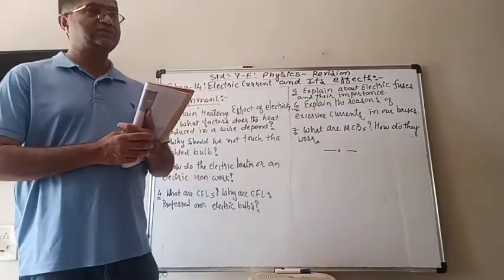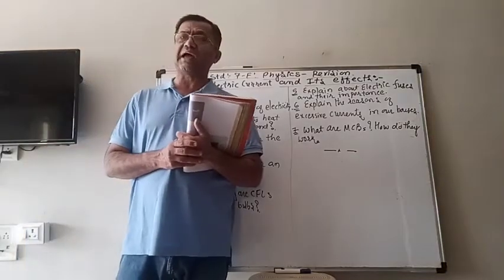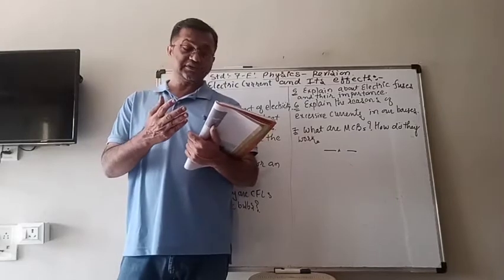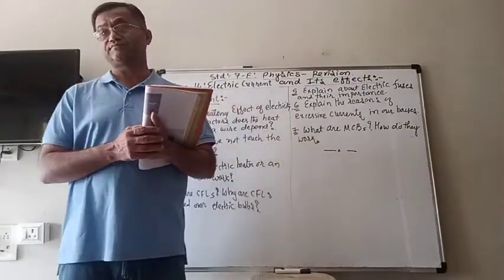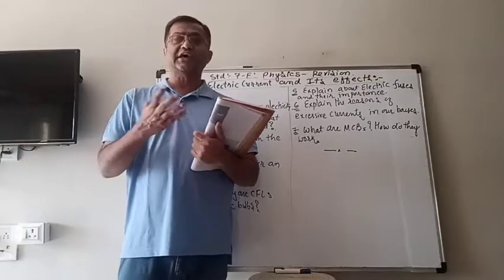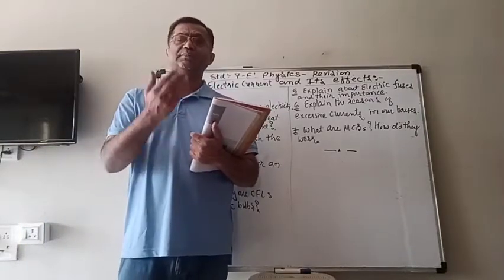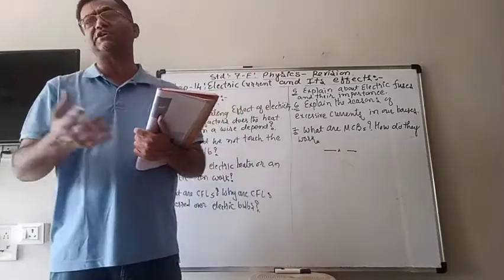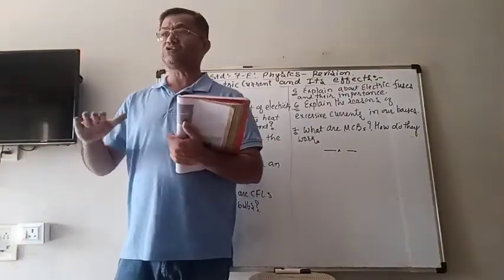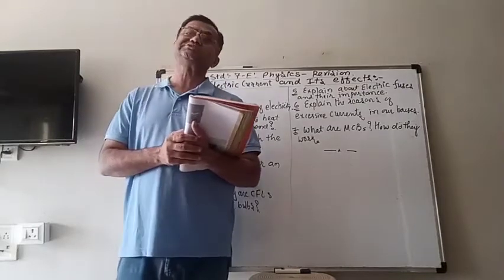When the current passes through this element, it gets red hot and emits heat, and therefore in the toaster the bread gets toasted and converted into toast, and the iron becomes hot so we can press our clothes nicely.